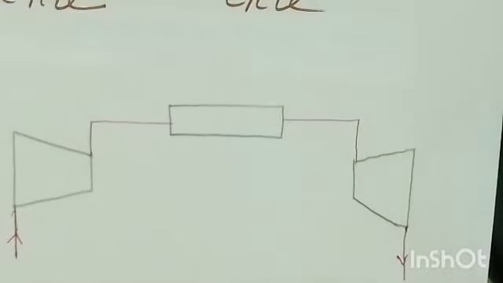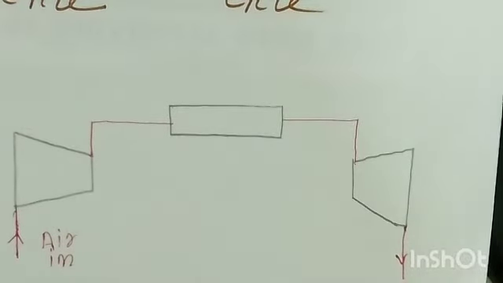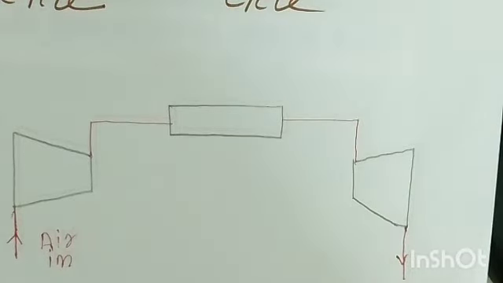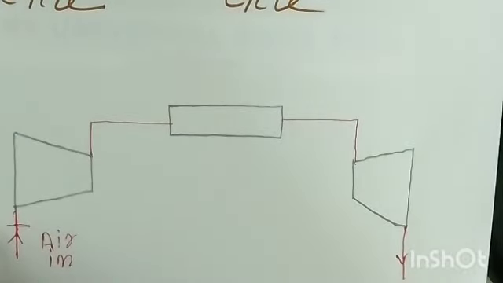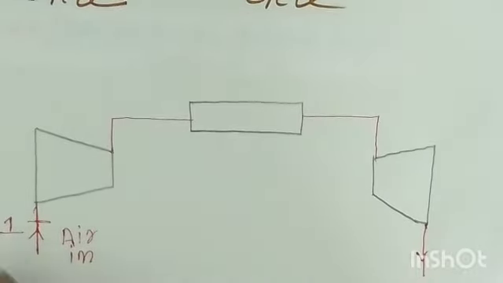The air entering the compressor is atmospheric air, so the pressure and temperature will be atmospheric pressure and atmospheric temperature. Let's say this inlet is state 1.